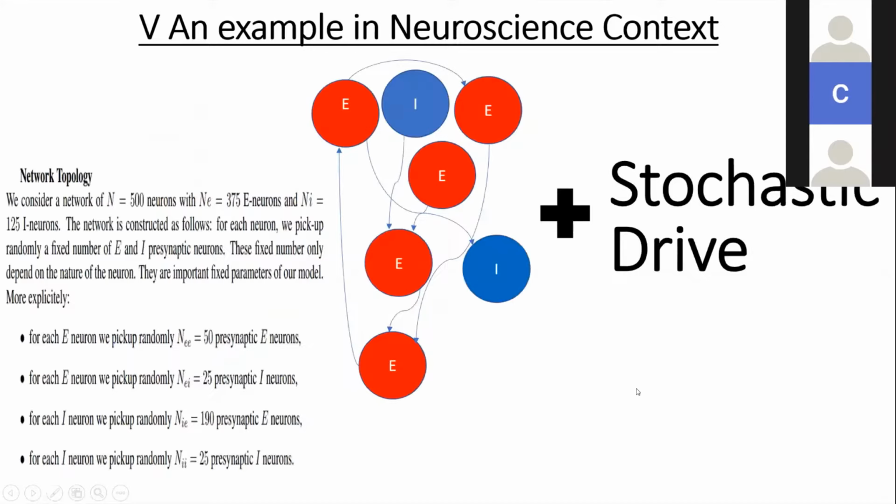And so what is the topology? Regarding the topic of this course, it's important to give some details. In this model, you have two kinds of nodes. The nodes are not all the same. You have excitatory neurons and inhibitory neurons. So this network has nodes which you classify into two categories.